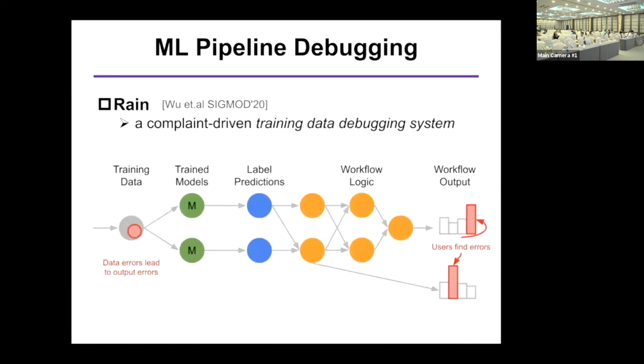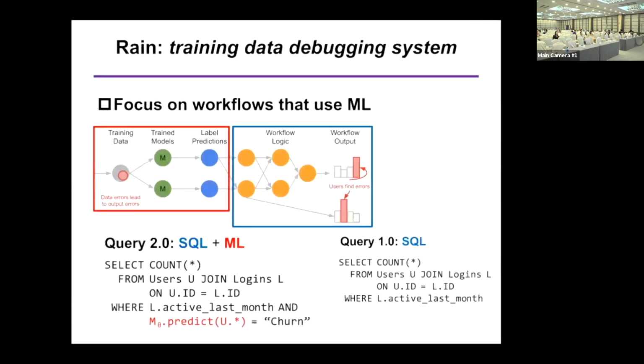So there may be some data errors that lead to the output errors through the trained models, label prediction, and workflow. So what we need to do is, based on the user, find errors and reversely detect the errors in the input data.